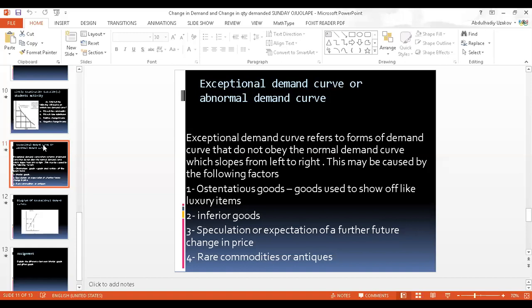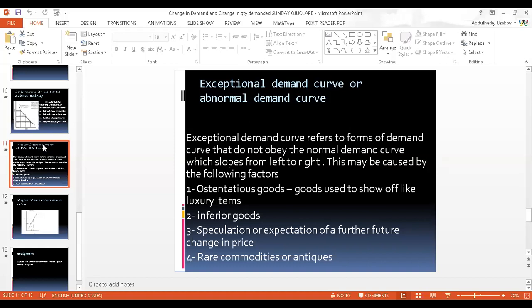So we're saying there's something called exceptional demand curve or abnormal demand curve. It means these demand curves do not follow the regular law of demand. So let's look at what it means. Exceptional demand curve refers to forms of demand curve that do not obey the normal law of demand. The normal demand curve is expected to slope downward from left to right.